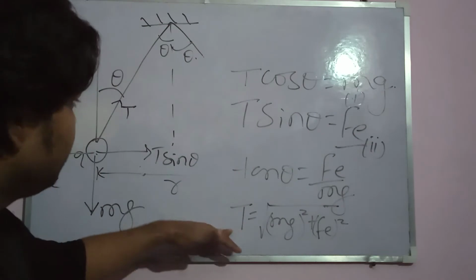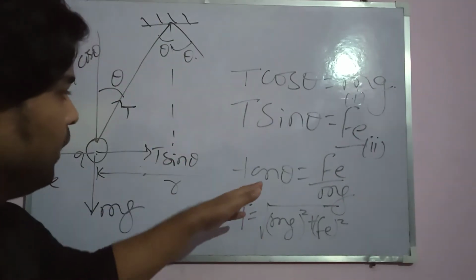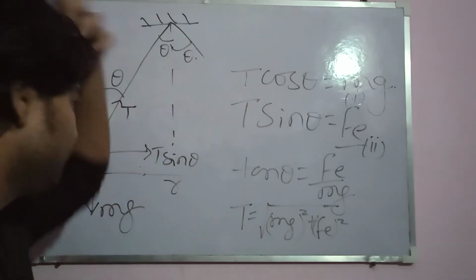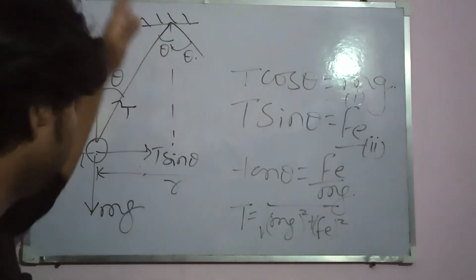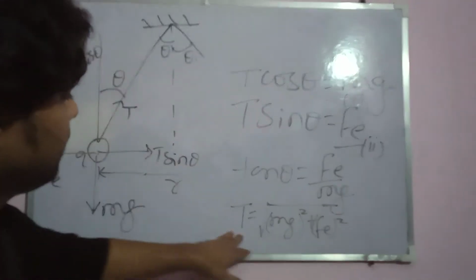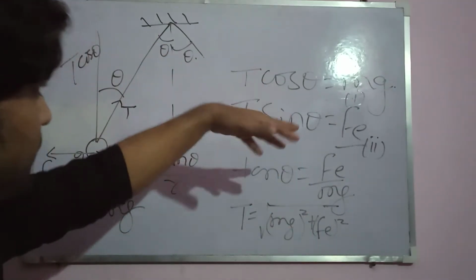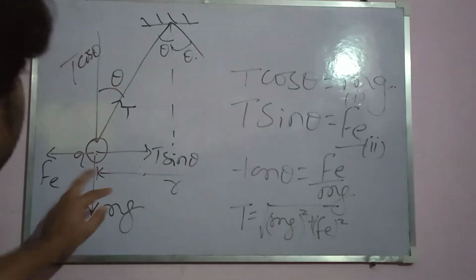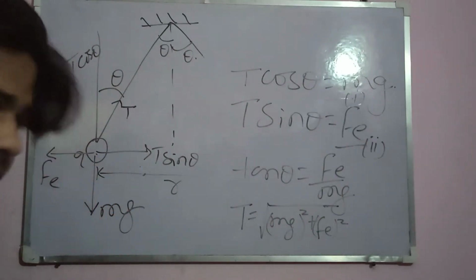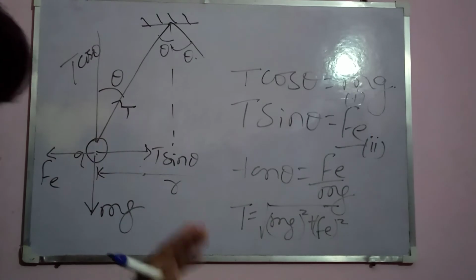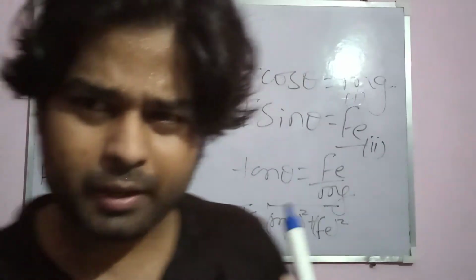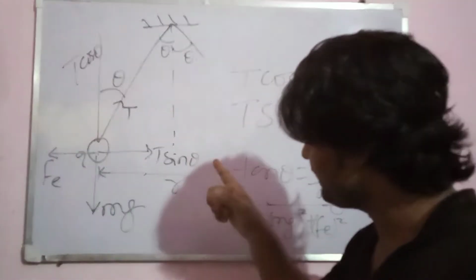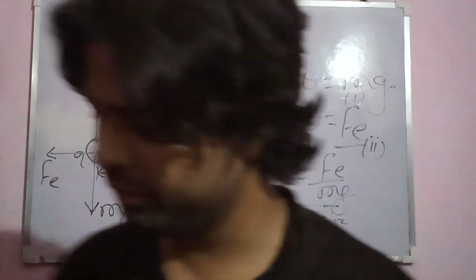So we can find T, the tension along this string, and the angle the string makes with the vertical of the ceiling, by solving the first and second equations. This is a very simple case. Now there is a probability of a more complex question in this type of problem, which I'm going to analyze here.